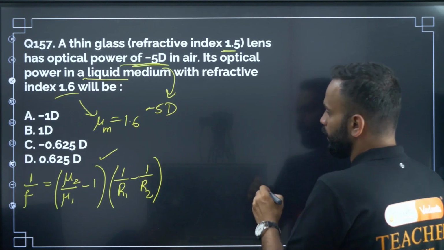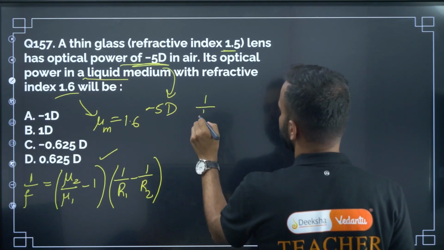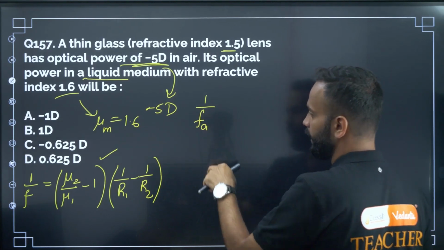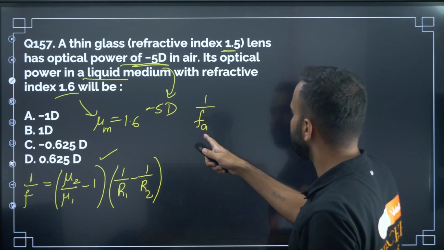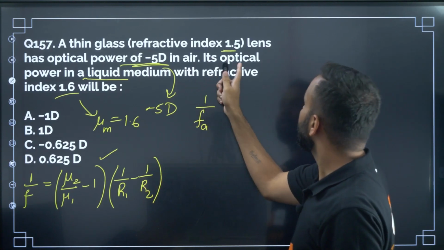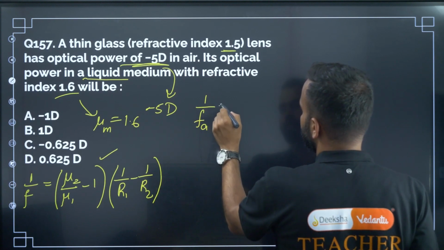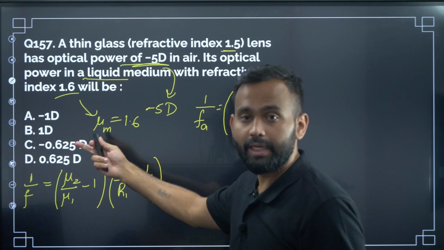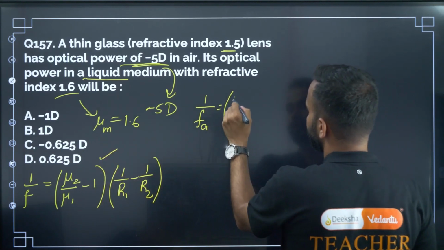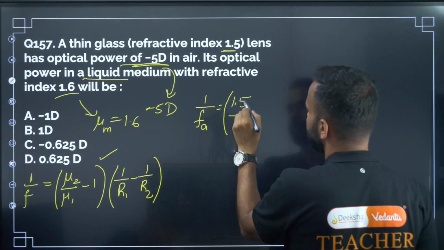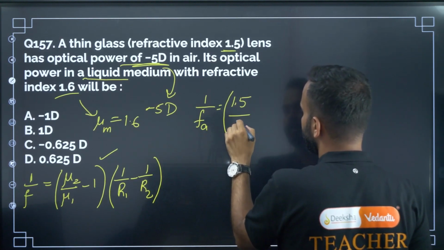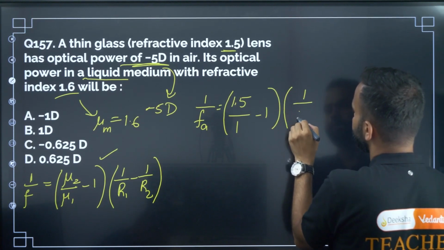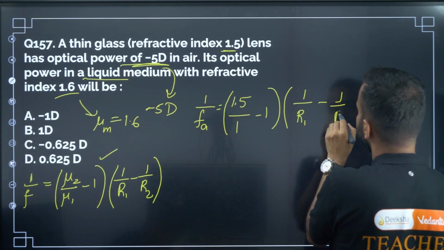Understood? So now when the lens was in air, by the lens maker's formula, 1 divided by Fa, where Fa is the focal length of the lens in air, is equal to mu2 by mu1, that is the refractive index of glass with respect to air, 1.5 divided by 1, minus 1, into 1 divided by R1 minus 1 divided by R2.